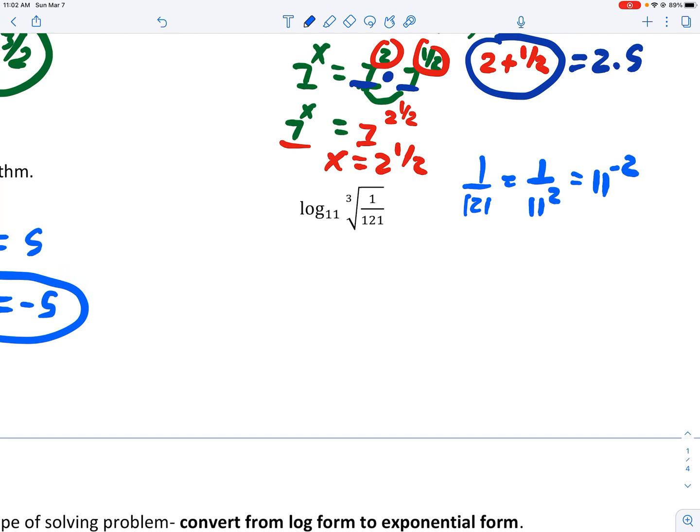Okay, so we know that we're trying to figure out what power of 11 is going to give us the cube root of 11 to the negative 2. But again, we're not in the same base and we're not in the same form. One's exponential, one's in radical form. So let's change the radical into exponential.